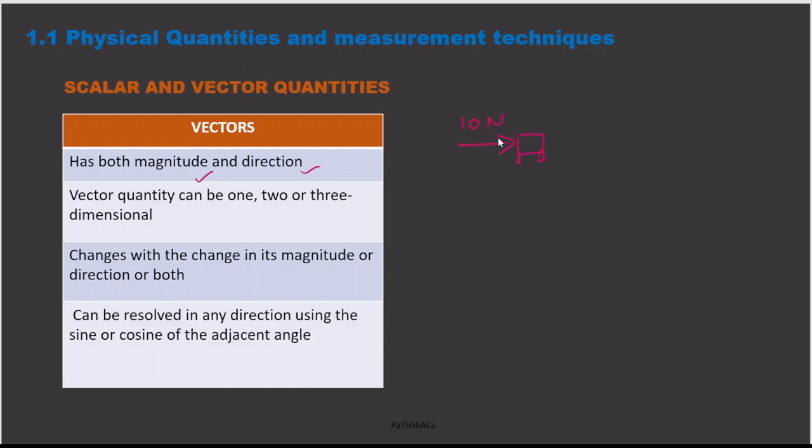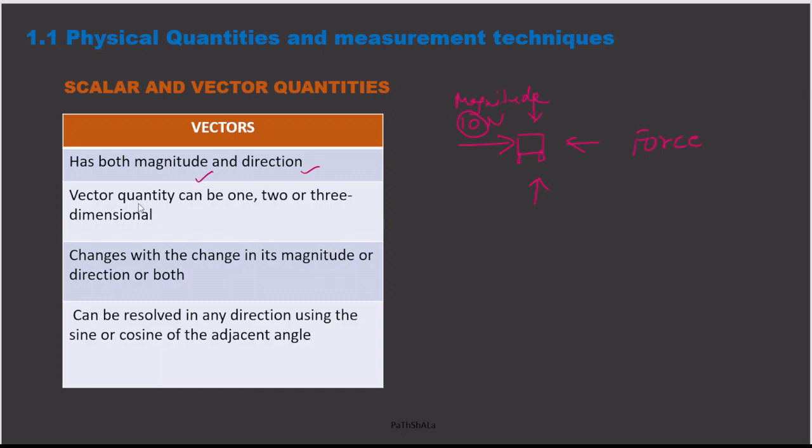So it has a direction: you can apply force towards the right, you can also apply towards the left, you can apply force from top, you can apply force from bottom, right? So you can apply force in any direction. So this 10 Newton, this 10 is the magnitude, right? And direction can be east, west, north, south, right, left, from top, from bottom, whatever you have to say, right? So force is a vector quantity.